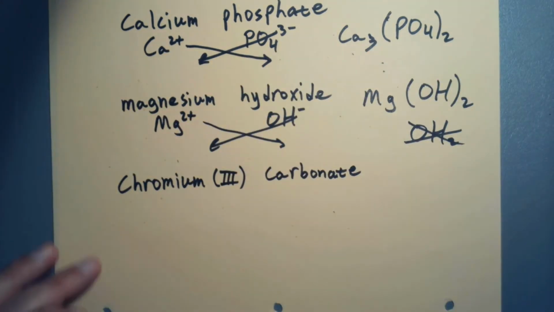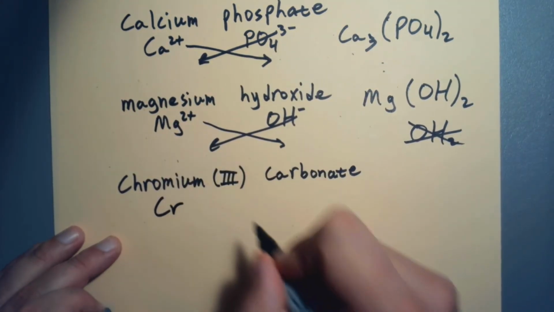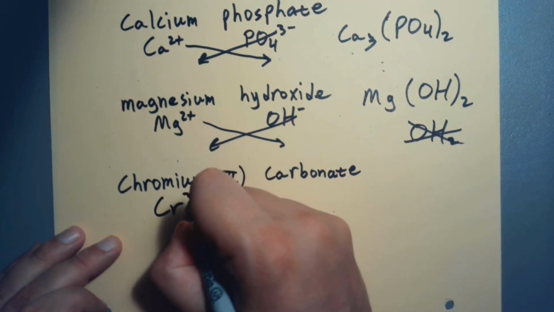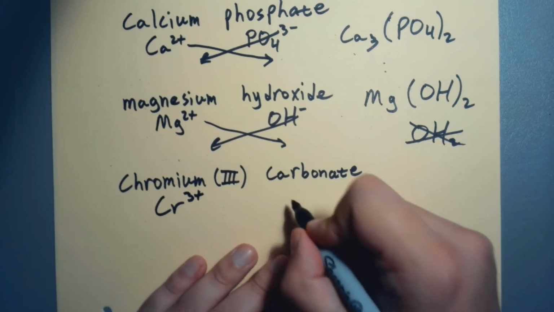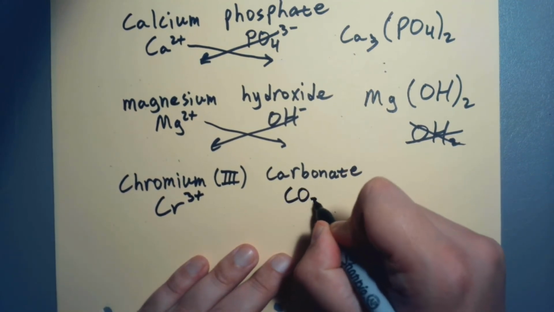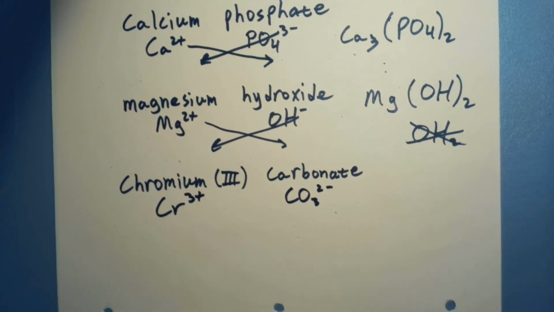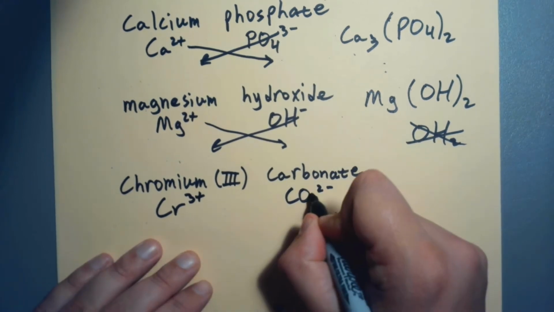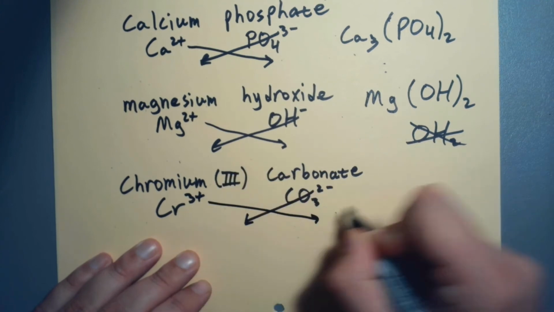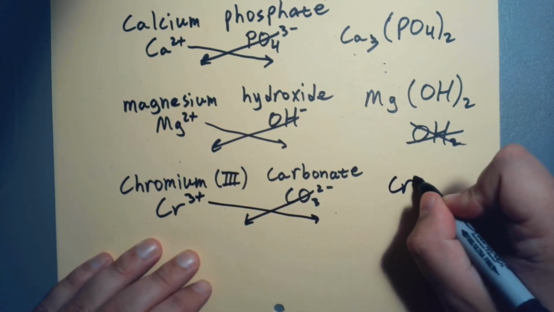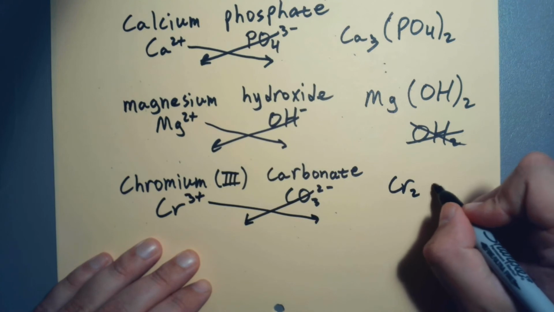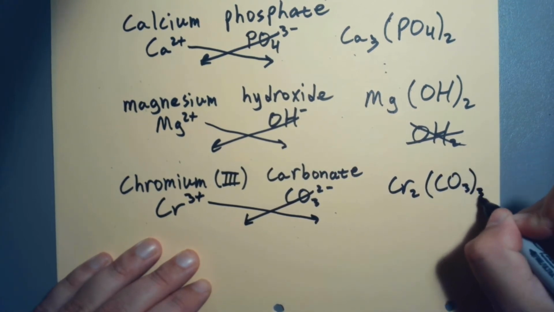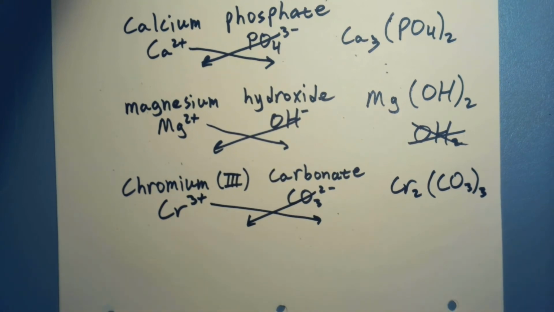That's all the periodic table is going to help us with. So how do we know the charge? Remember? The Roman numeral tells us. Alright, carbonate, CO3 2-. How do you know that? Because it's a polyatomic ion, you memorized it. Then we just do the switch. We get Cr2, and I'm going to need parentheses here, so (CO3)3. That would be my formula.